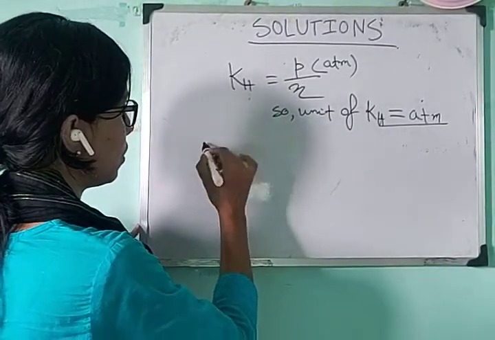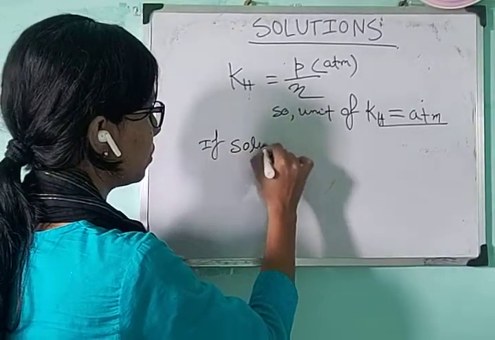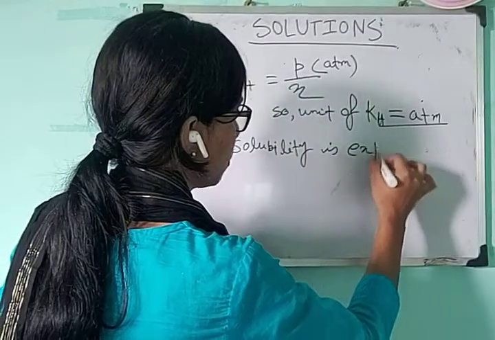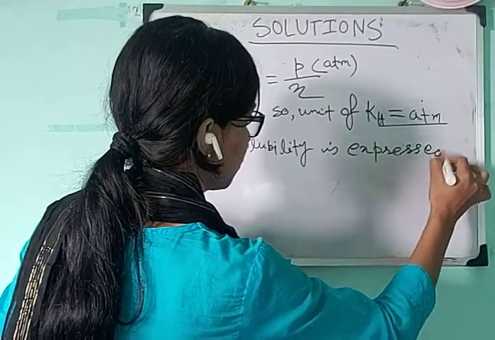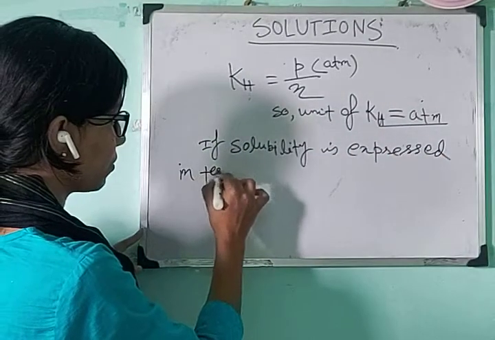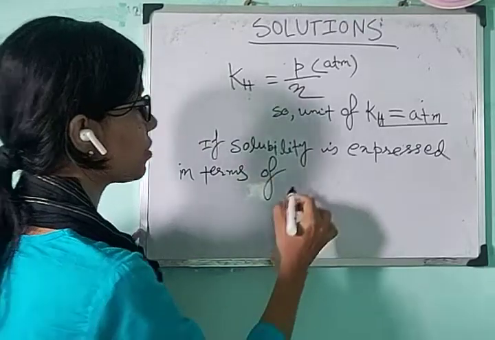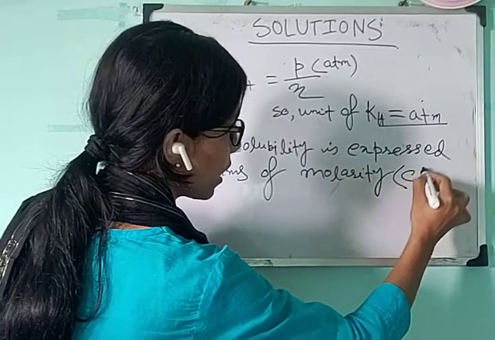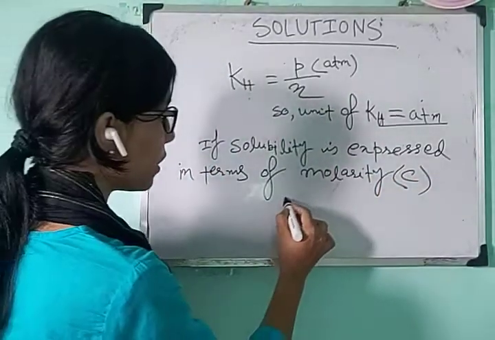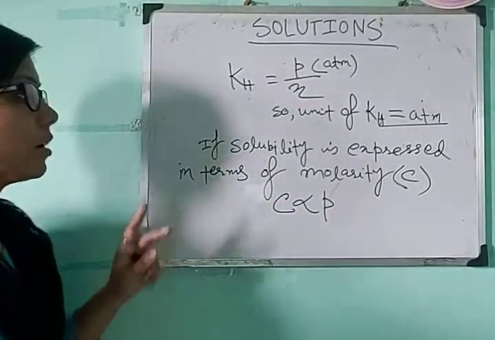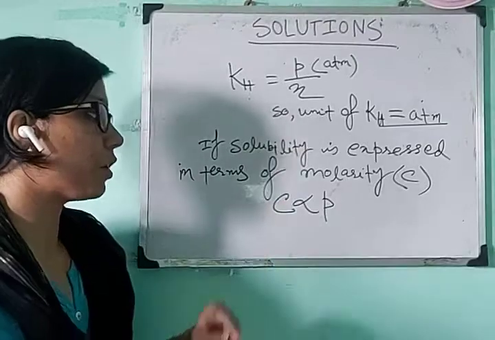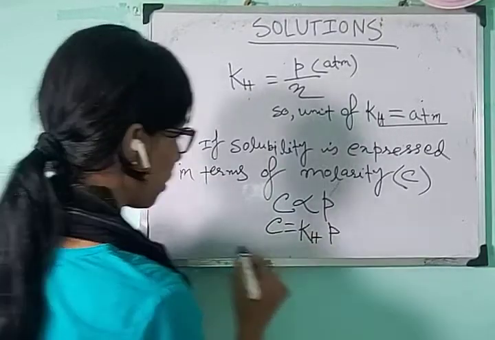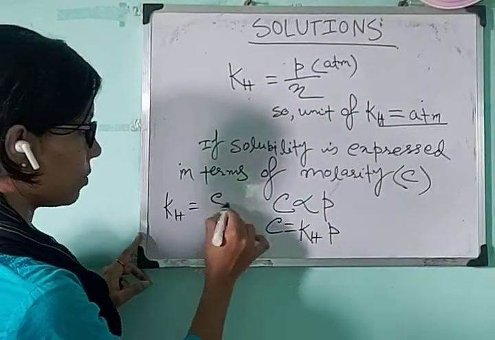So if solubility is expressed in terms of molarity, and I am writing the molarity as C, then we can write C proportional to P, just as X was proportional to P. So C equals Kh times P, and hence Kh becomes C by P.